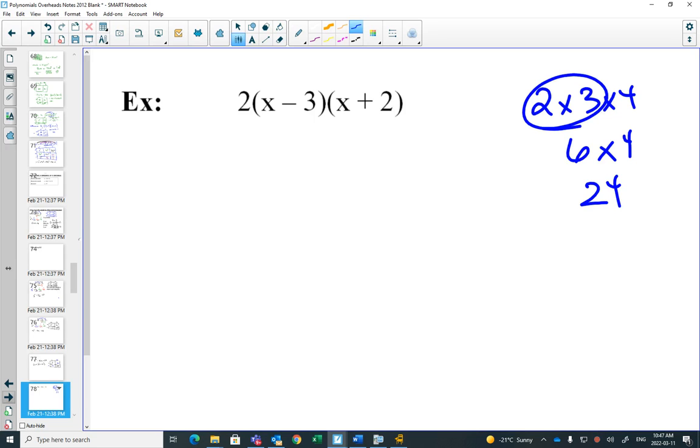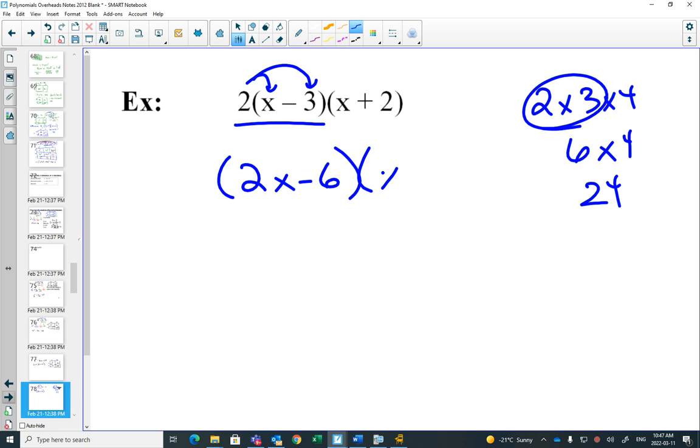Same thing here. We choose to multiply these ones first. How do you multiply with the number out in front? Multiply that first.